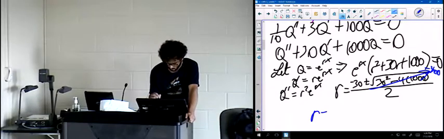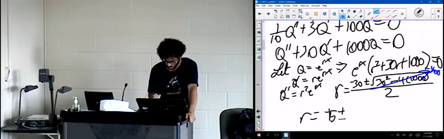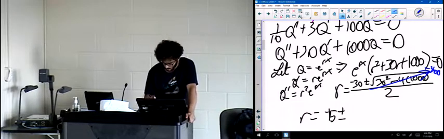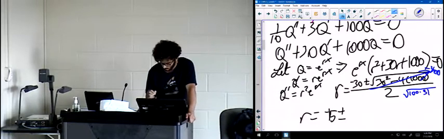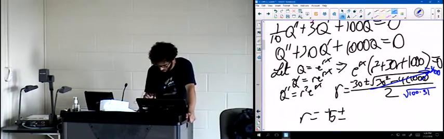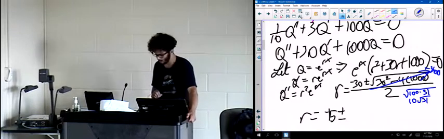Well, let's see. R is going to be negative 15 plus or minus. If you remember way back, you can sort of factor out that middle part, or that number, I should say. And from there, we can take a square root, and it looks something like that.